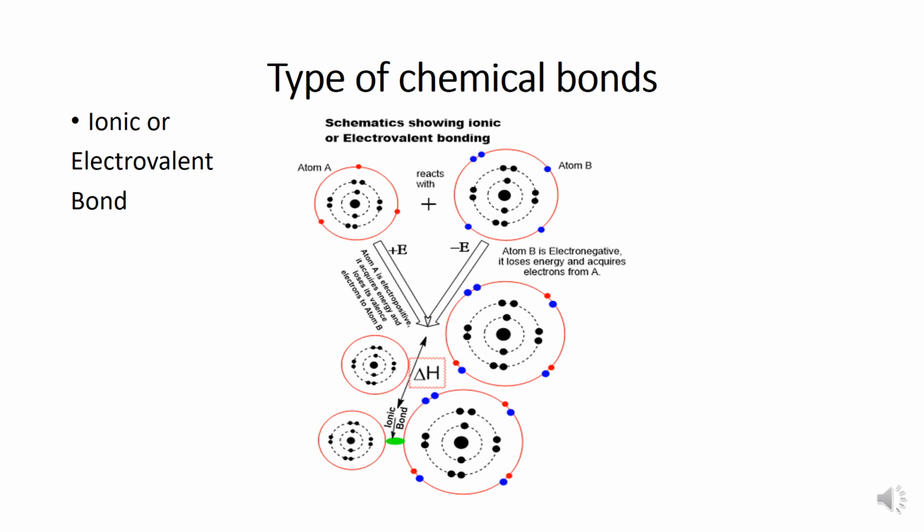And before they can send out their valence electron, there must be an electronegative atom ready to accept these electrons that the electropositive atom will send. The electronegative atom must possess electron affinity, which is the energy it gives out for it to be able to accept electron or electrons.